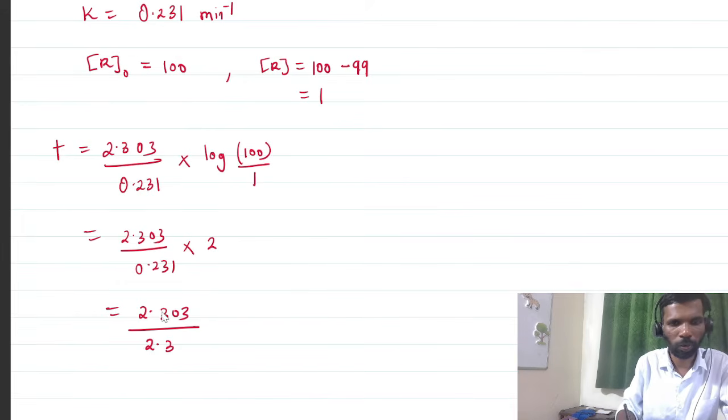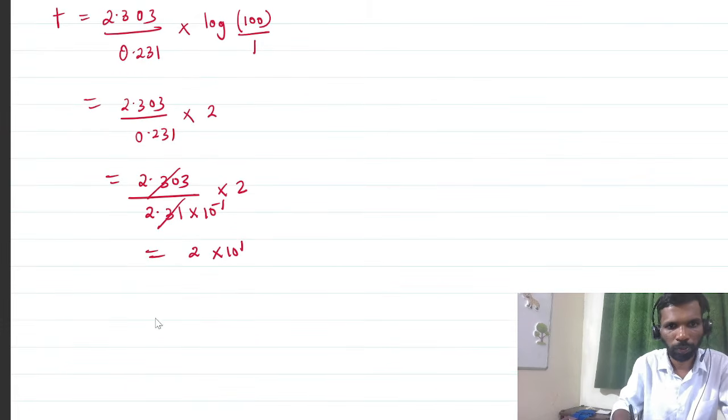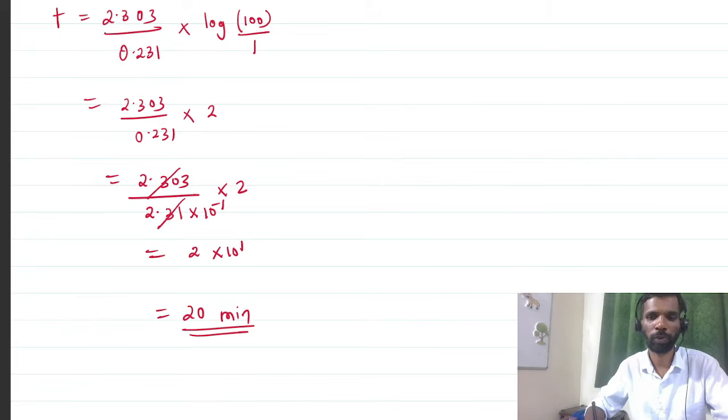Can I write this 0.231 as 2.31 into 10 raised to minus 1 and over here into 2? You can cancel them approximately. So the answer becomes 2 into 10 raised to 1, which is equal to how much? This comes to 20 units of K per minute. So now it is minute. The answer is 20 minutes for this.